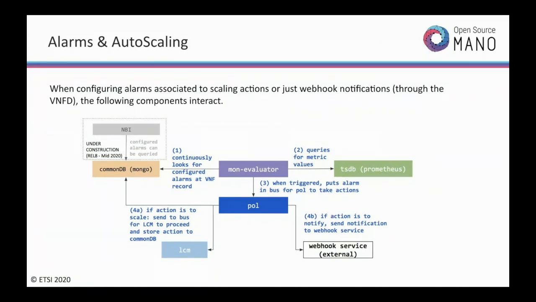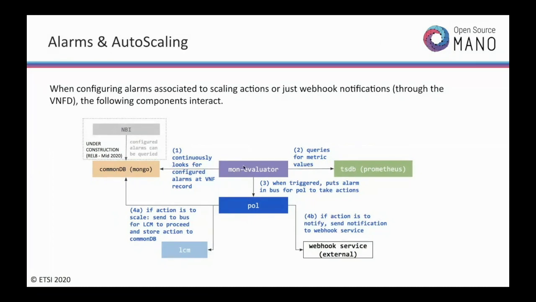We saw that before, right? So MON goes continuously looking for alarms configured at the VNF record. And if it finds alarms in CommonDB, then it queries the metric values actively, continuously, goes to Prometheus and looks for the metrics that are associated to each alarm.